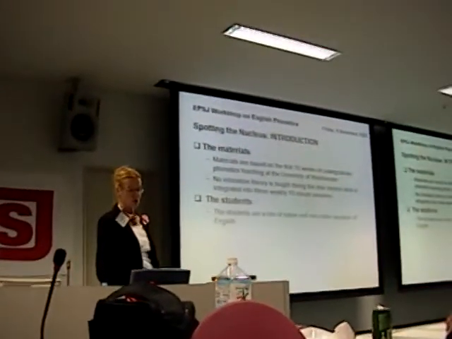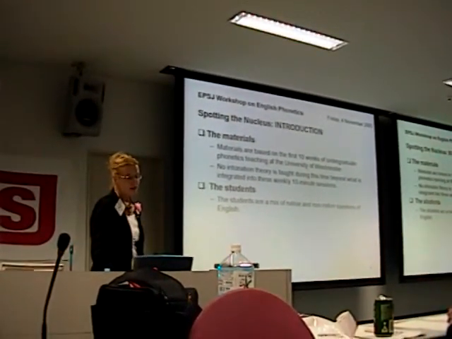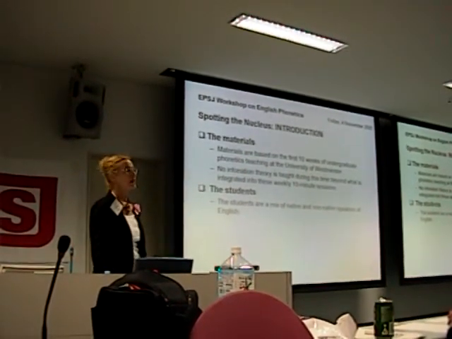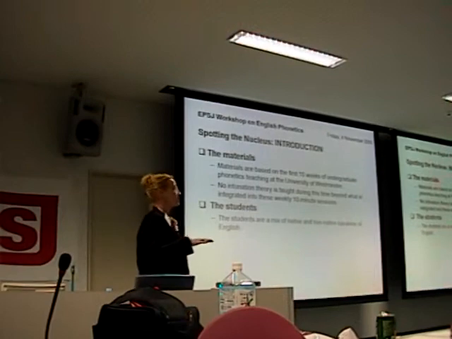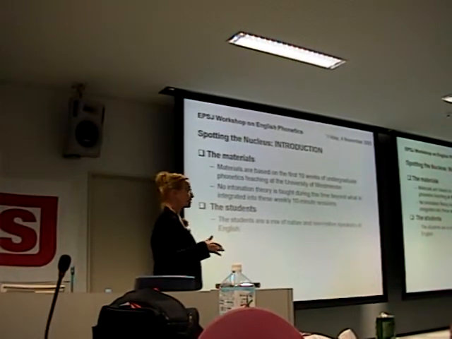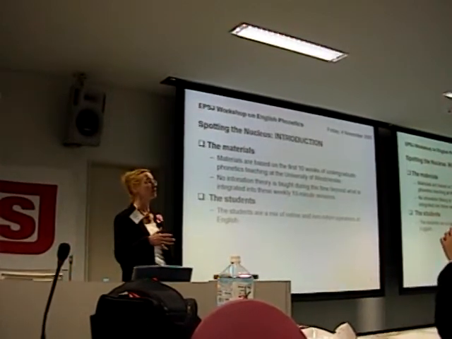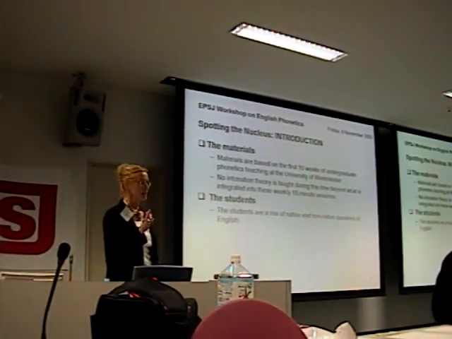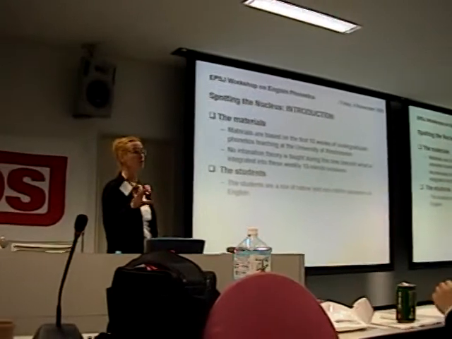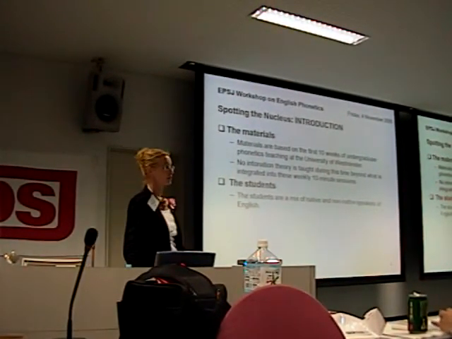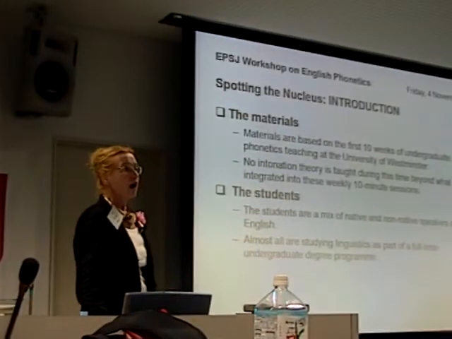The students that I'm talking about here are a mix of native and non-native speakers of English, and sometimes I can have even more non-native speakers in a class than native speakers, because in London we have very mixed groups. We have students from all over the world, and many years I have several Japanese students even in one small group, so it's not at all uncommon to be teaching Japanese students even in London.